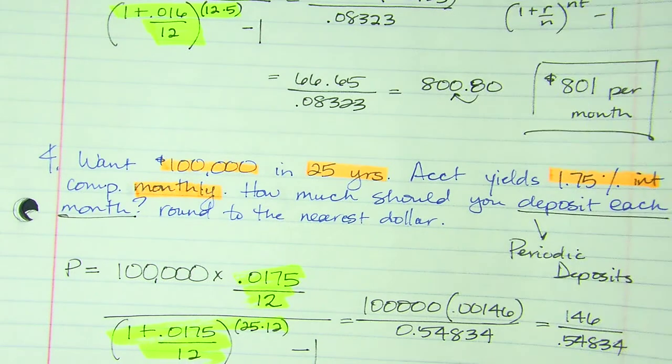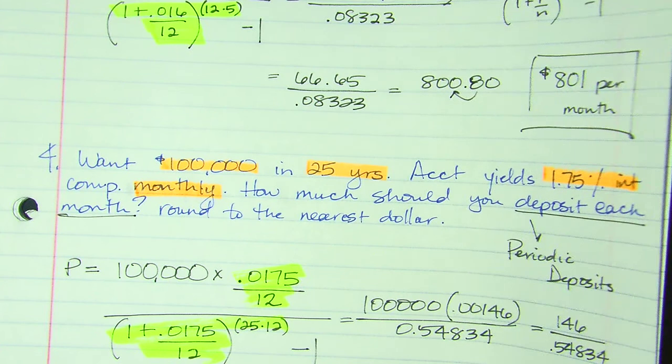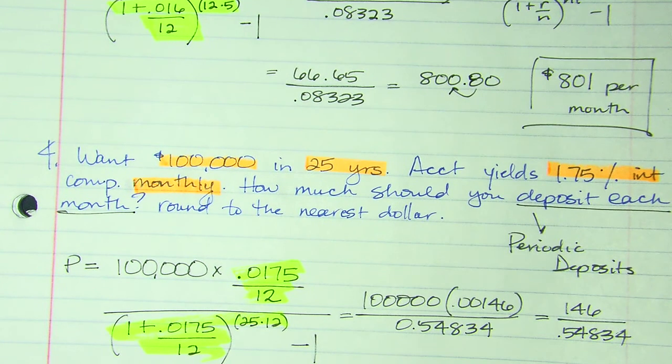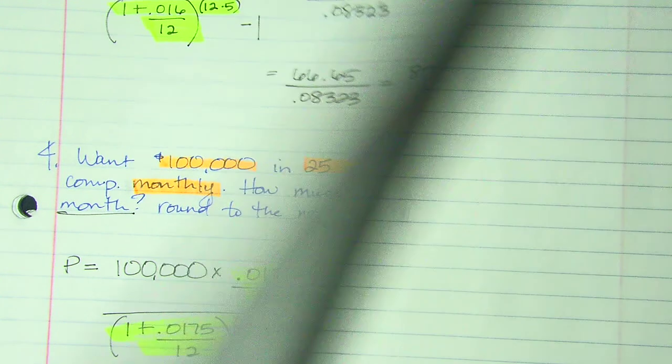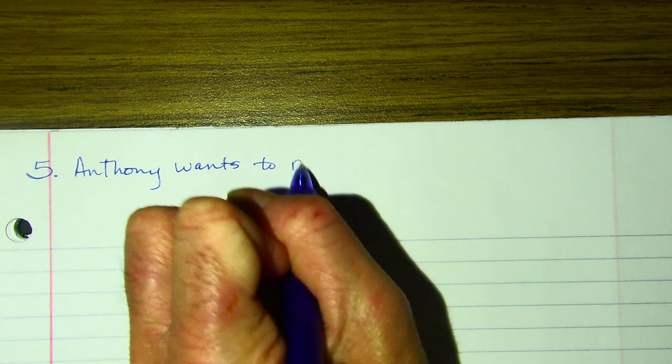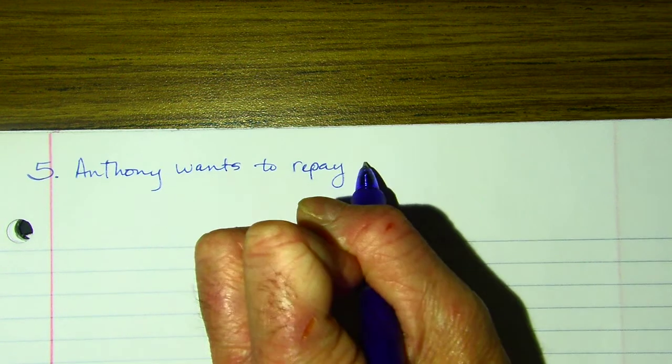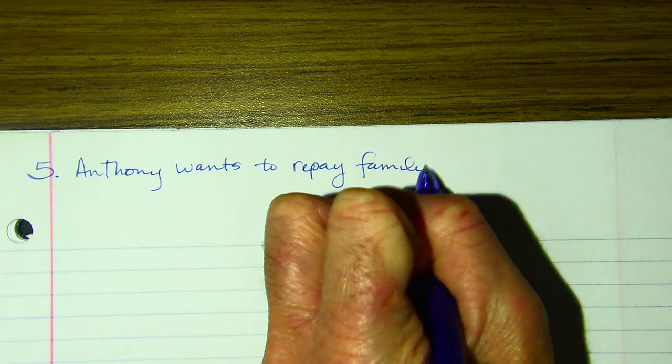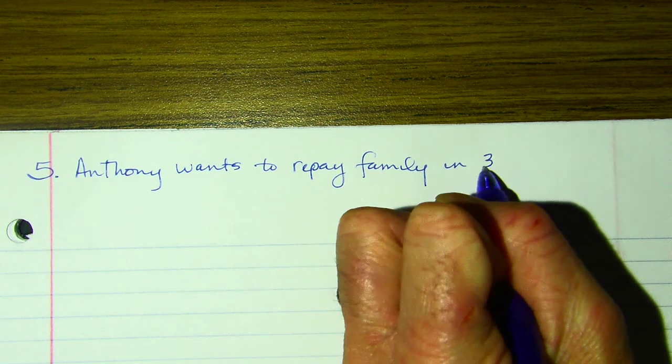So next one, and I think it'll be our last one. Okay. So here we go. Maybe I can, no, I probably can't. Let's fit it right here. This will be our last one. So Anthony wants to repay family in 3 years.